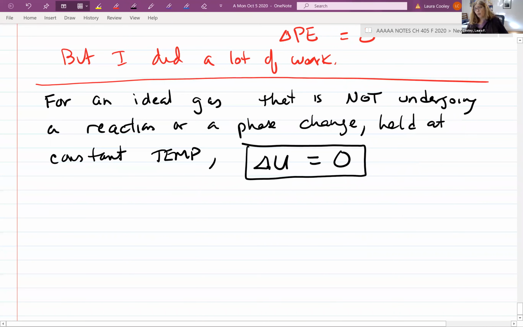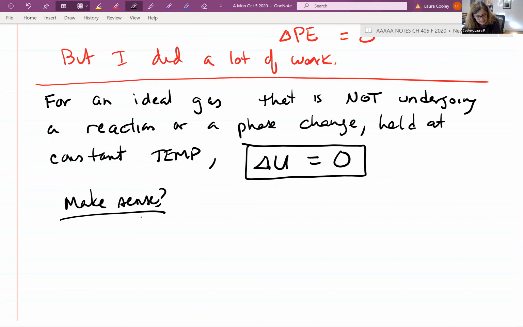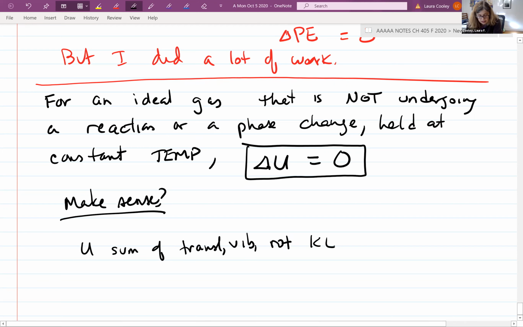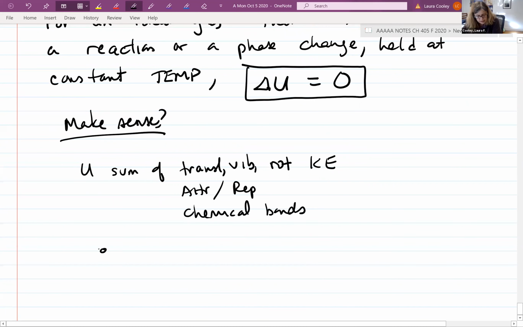All right. So why does this make sense? Anybody? What is the internal energy for an ideal gas? Normally the internal energy is the sum of all the translational, vibrational, rotational, kinetic energy. It's got attractions and repulsions. It's got chemical bonds. But an ideal gas, say a monatomic ideal gas, has just kinetic energy.